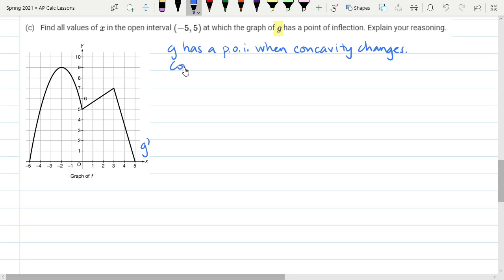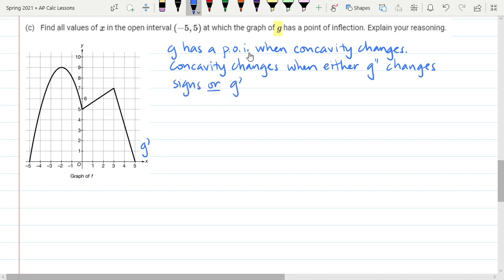But remember, concavity changes when either g double prime changes signs or g prime goes from increasing to decreasing or decreasing to increasing. So that's the thought process here.